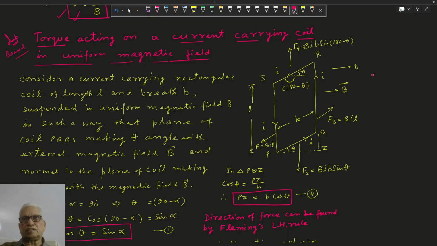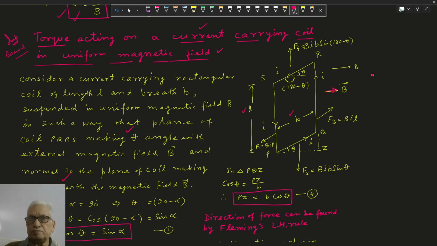Here, torque acting on a current carrying coil in a uniform magnetic field. Let us consider this rectangular coil PQRS of length L and breadth B. It is kept in such a way that in the uniform magnetic field, the plane of the coil is making an angle theta, and the normal to the plane of the coil makes an angle alpha with the magnetic field.